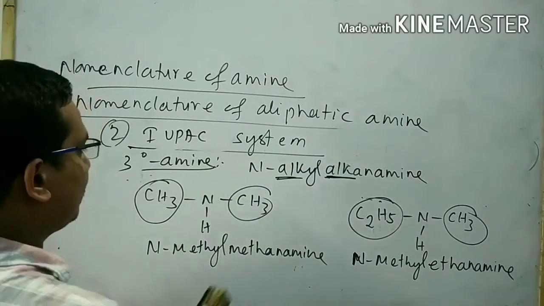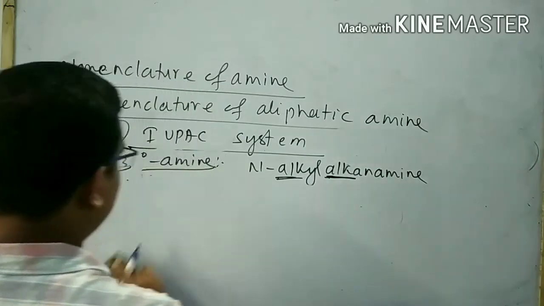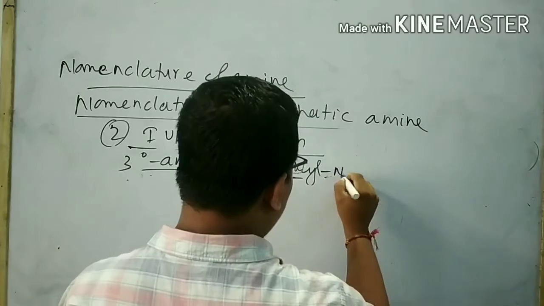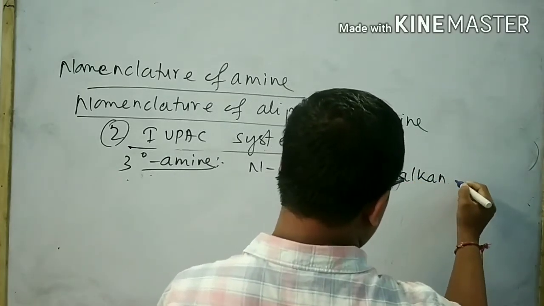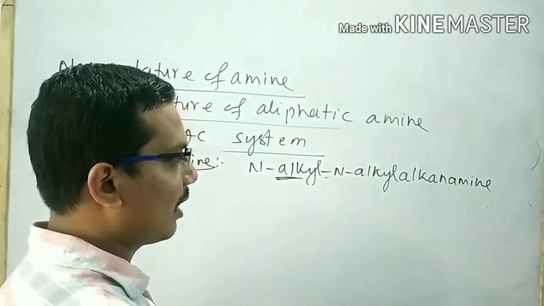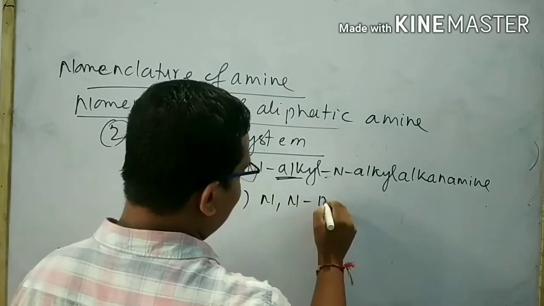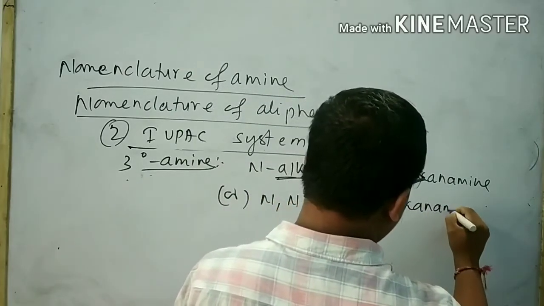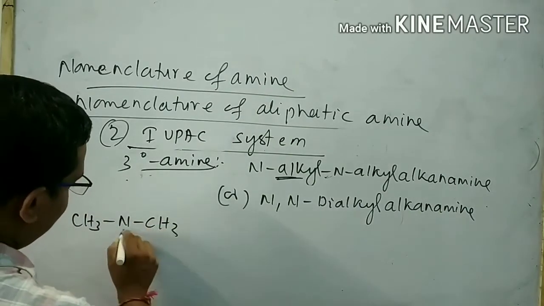Next is 3-degree amine. The IUPAC name of 3-degree amine is N-alkyl alkanamine. And another is also N,N-dialkyl alkanamine. Take example CH3 bonded to N, CH3 bonded to CH3.